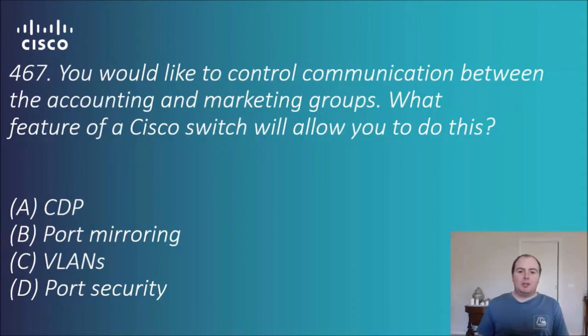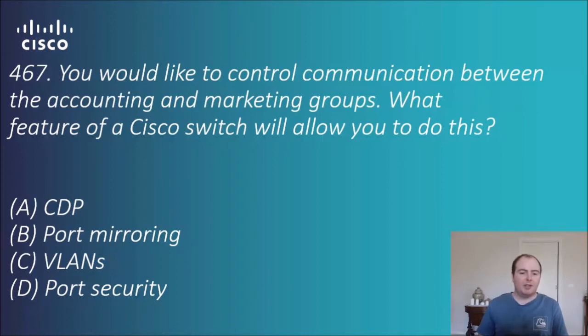467, you would like to control communication between the accounting and marketing groups. What feature of a Cisco switch will allow you to do this? We've got CDP, port mirroring, VLANs, and we've got port security. Port security is probably more so for physical cables, so it's not necessarily a virtual communication line.